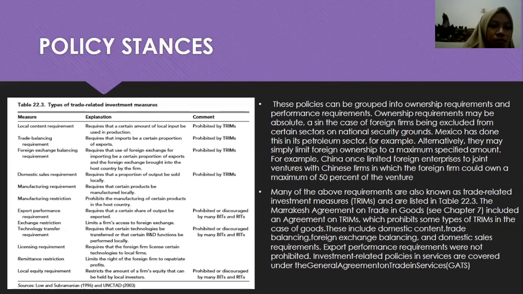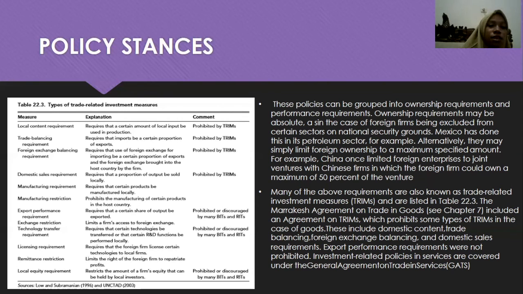So next is exchange restriction and technology transfer requirements. It limits a firm's access to foreign exchange, and requires that certain technologies be transferred or that certain R&D functions be performed locally. It's prohibited or discouraged by many BITs and RTAs.